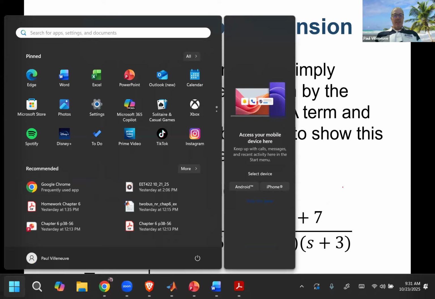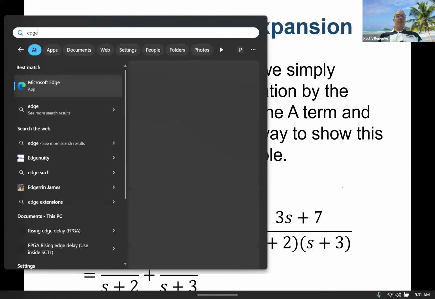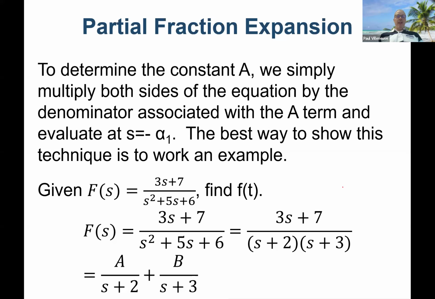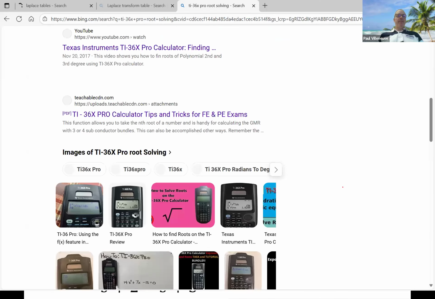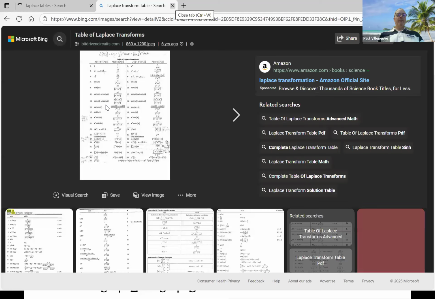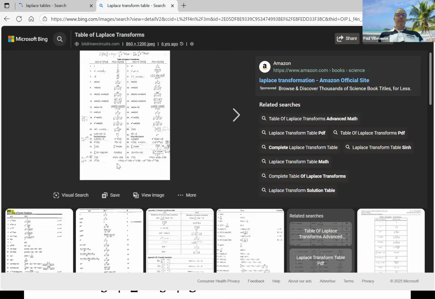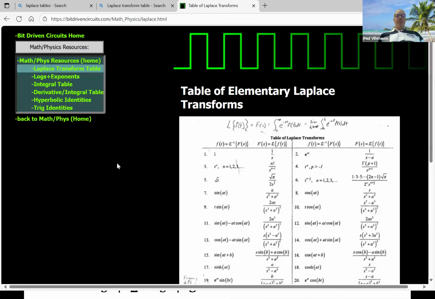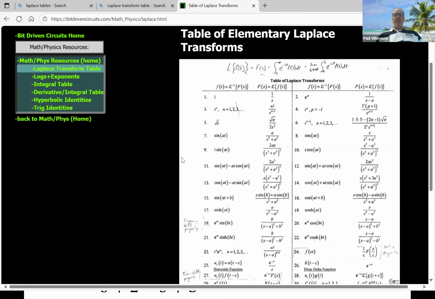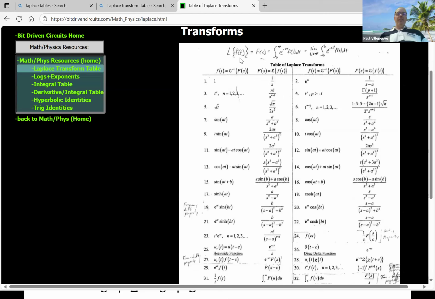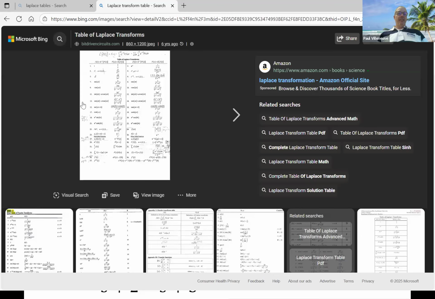And let's just bring up a Laplace table so we can toggle back and forth. This is a pretty busy table. Actually, let's look at an easier table. That one's got a lot.